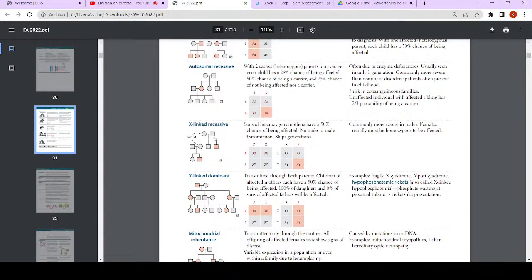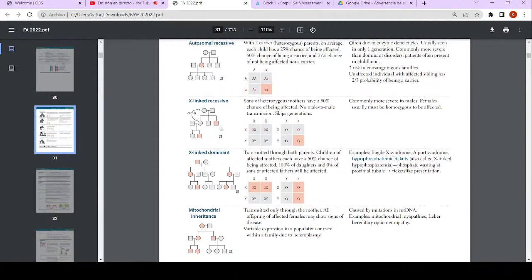X-linked disorders, just from the mom. Usually the mom is a carrier, the daughters are carriers, but the males usually are affected. Sons of heterozygous mothers have a 50% chance of being affected, because the mom has two X's.